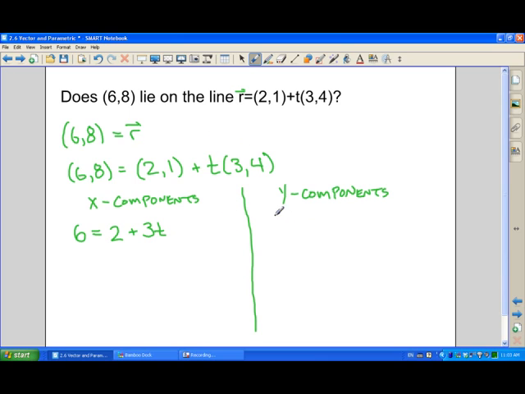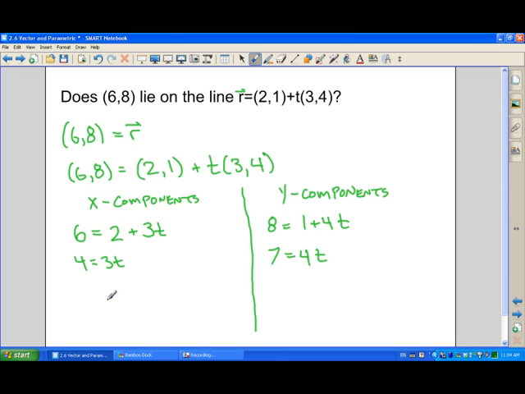My y component is going to be 8 is equal to 1 plus 4t. So I'm going to, in both components, solve for t. So bringing the 2 to the other side of the x component, I get 4 equals 3t. For the y component, I get 7 equals 4t.